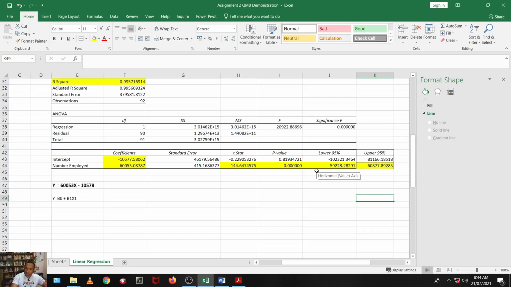So profits generated can be explained 99.6% by the number of full-time employees, and this was statistically significant at a p-value of 0.00000. This is a statistically significant, almost perfect prediction trend that profits generated is determined by the number of employees as given in the regression equation here.